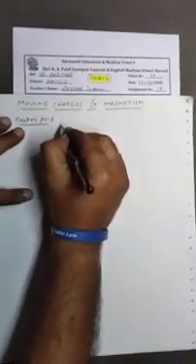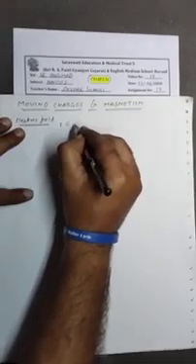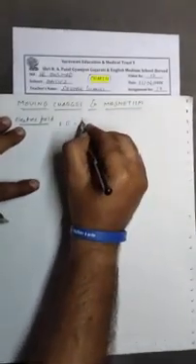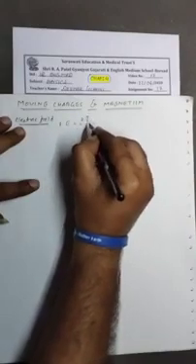Okay, electric field is symbolized as E, and it has the equation E is equal to KQ by R square. From where does it come?